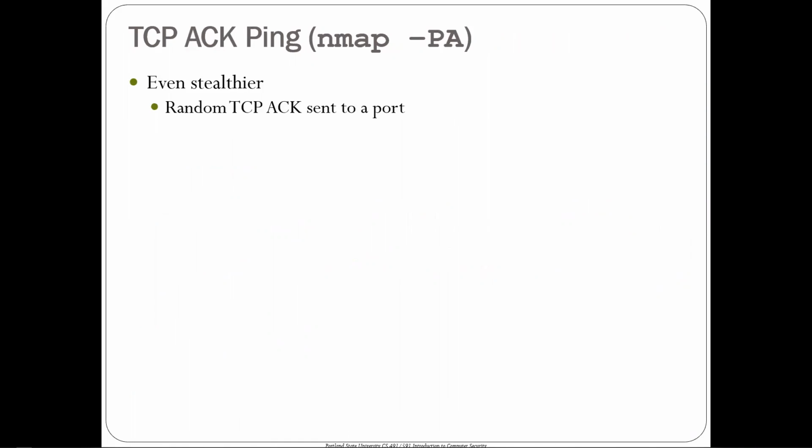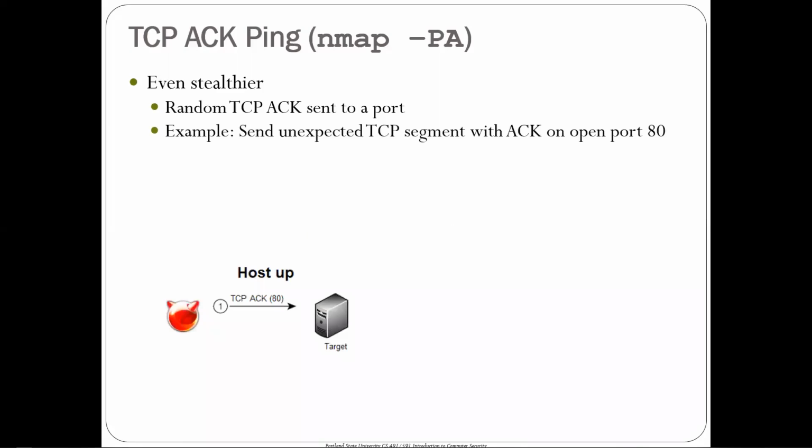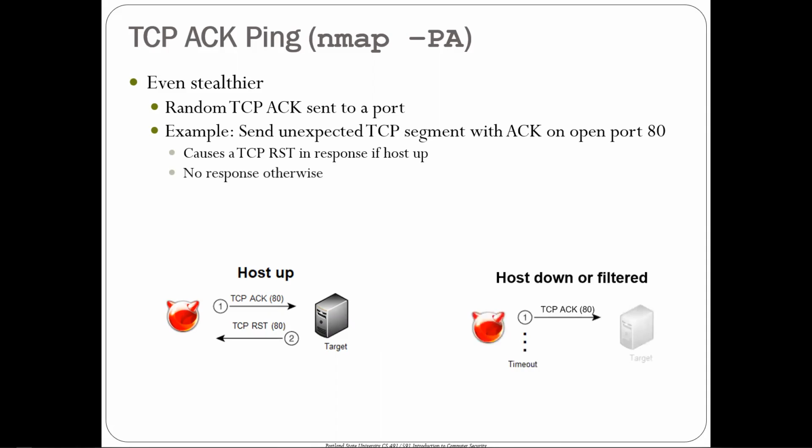Okay, so even stealthier is this other scan where you just send a bogus ACK to a port. And if the host is up, if it's listening on that port, then it'll just reset that connection. It's like, hey, I should not have gotten this, I'm going to just reset your connection. You get no response if the host is either down or filtered.